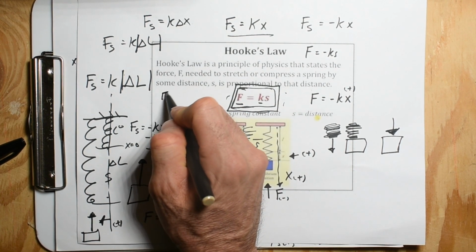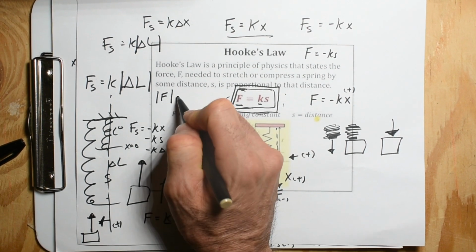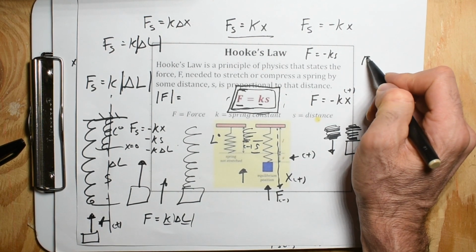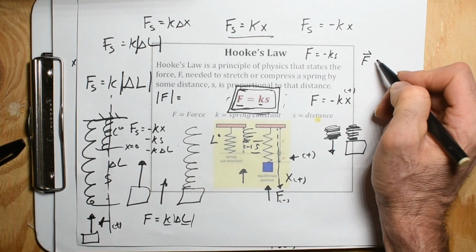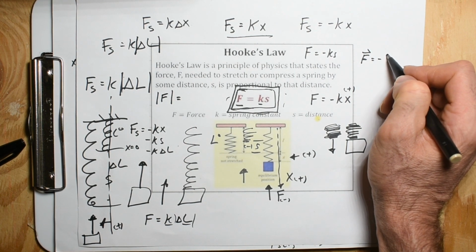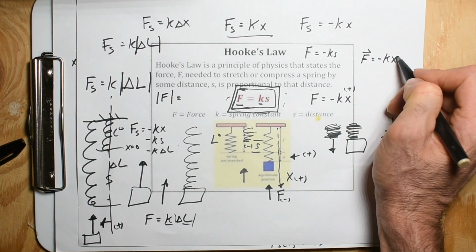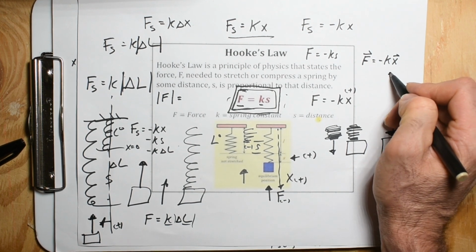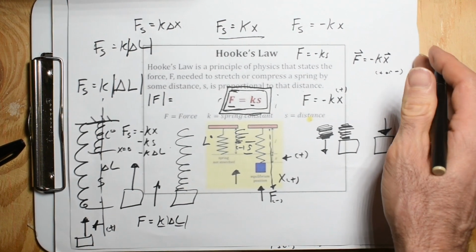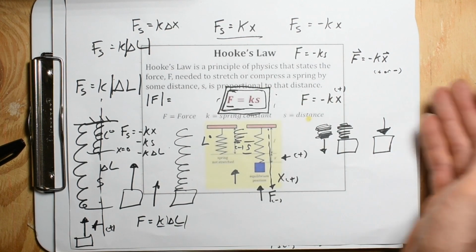I think this is like, the magnitude of the force, because it's not a vector force. Else you'd probably want to use this for springs. The vector force of the spring is equal to negative kx, and x is a vector in a positive or negative direction. It's not a three-dimensional vector, but it's a two-dimensional vector.